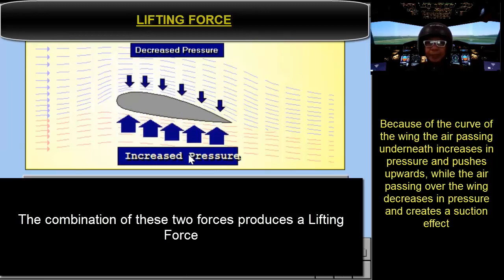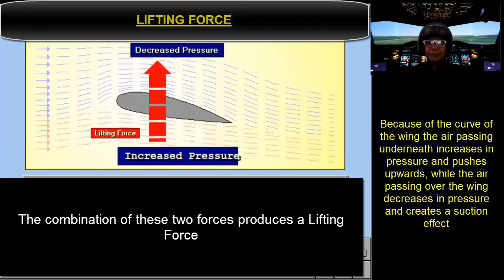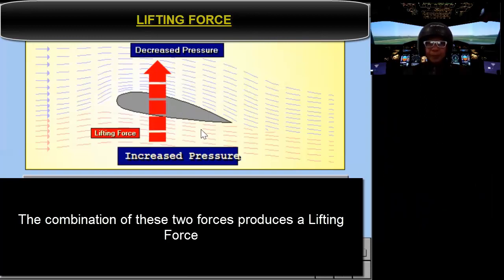The air passing underneath increases in pressure and pushes upwards, while the air passing over the wing decreases in pressure and creates a suction effect. So this is the lifting force. Yeah, you can see. The combination of these two forces produces a lifting force.